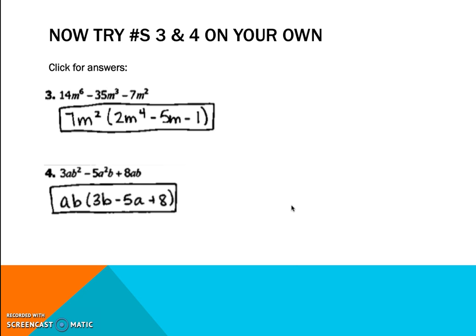So our greatest common factor of all that would be 7m squared times the quantity 2m to the 4th minus 5m minus 1. Number 4, 3ab squared minus 5a squared b plus 8ab, would be ab times the quantity 3b minus 5a plus 8.